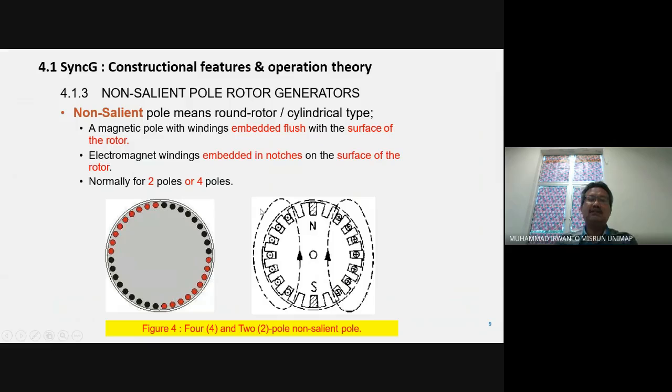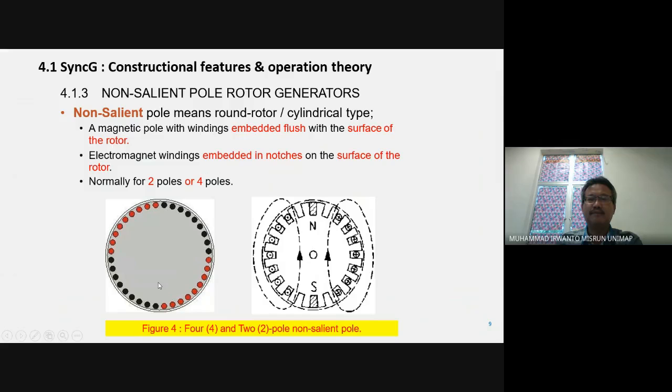Okay, and then it is the non-salient pole rotor of the generator. In terms of construction, the magnetic pole has windings embedded flush with the surface of the rotor. Electromagnetic windings are embedded in notches on the surface of the rotor.